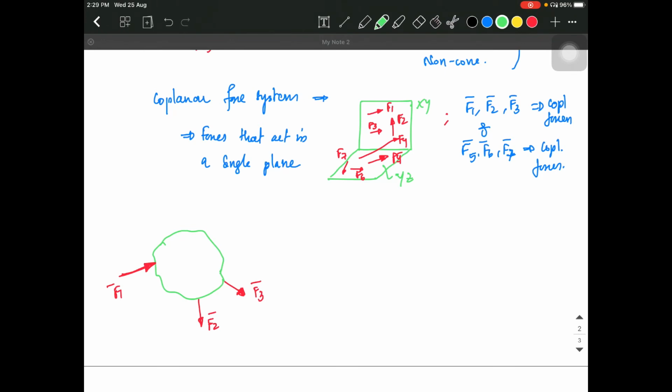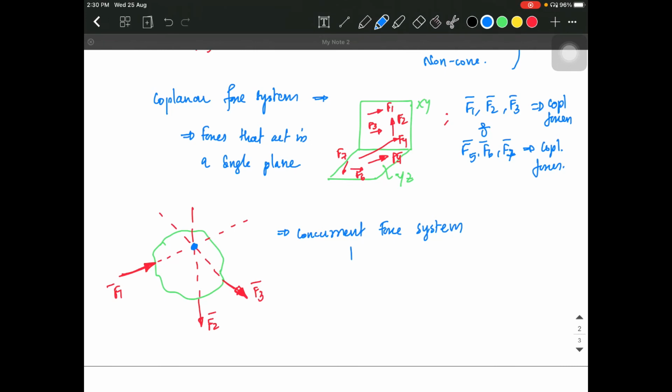Please note that if the lines of action of all three forces meet at a particular point like this, then this system of forces, in which the lines of action of all the forces coincide at a particular point, gives the concurrent force system.